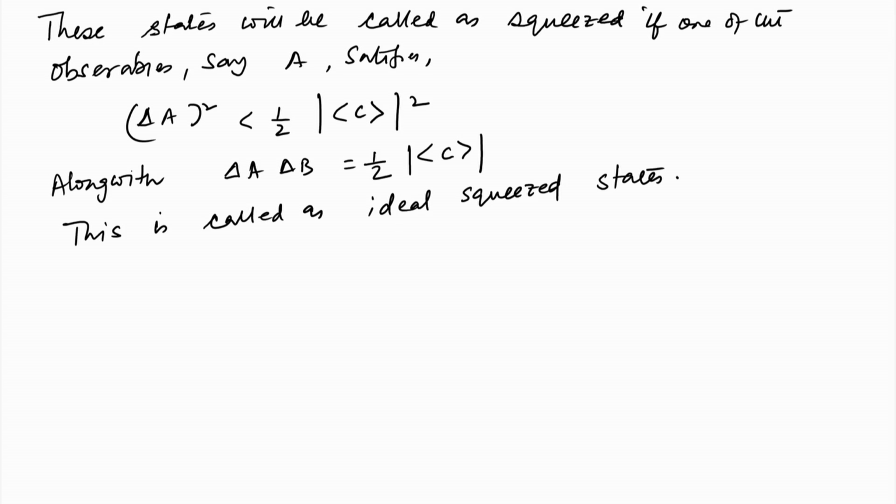So the whole idea is that the quantum fluctuations of a squeezed state in one observable, say A, are reduced below half of C at the cost of the fluctuations in the other observable. Let us write this because this is an important statement.